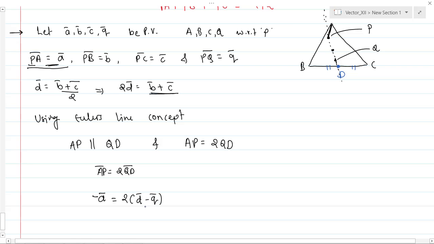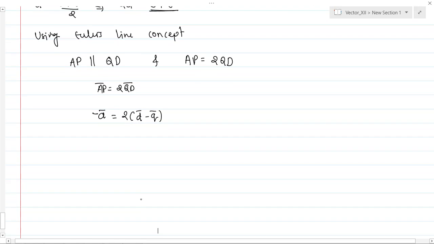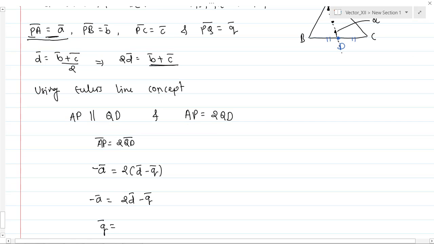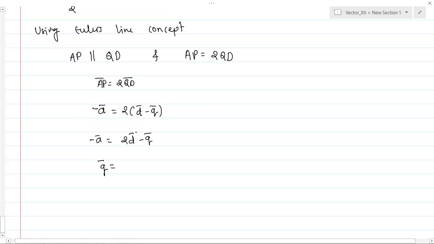So let me open this bracket. Minus of A bar is equals to 2 D bar minus 2 Q bar. If I take Q bar this side and A bar that side, then 2 D bar is what? Just now we have proved 2 D bar is equals to B bar plus C bar. So this is B bar plus C bar plus A bar, equals 2 Q bar.